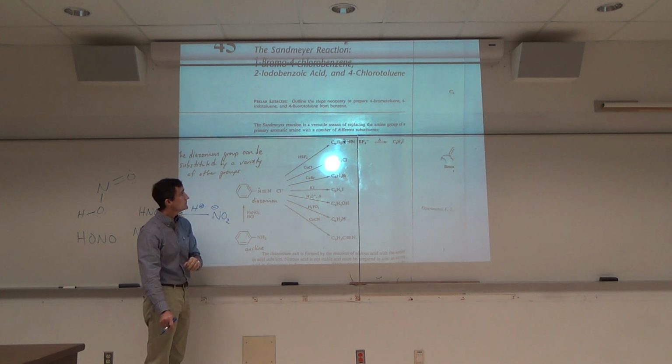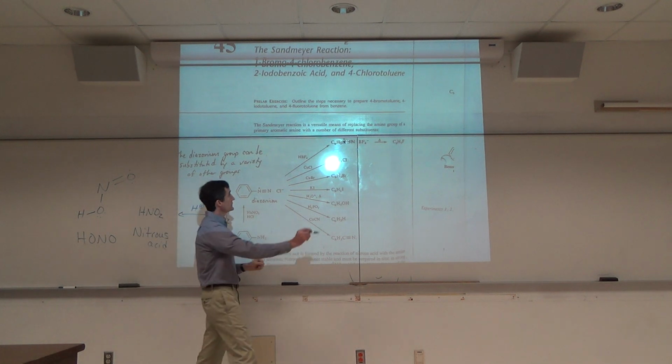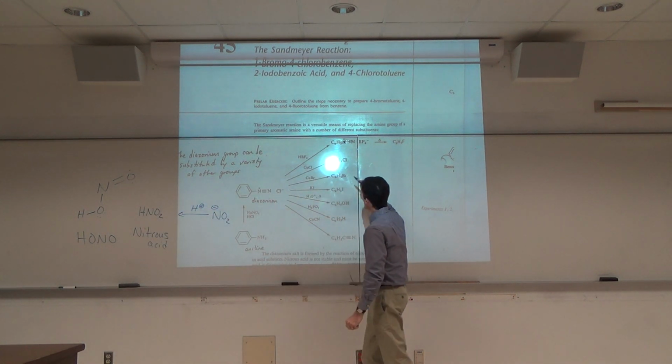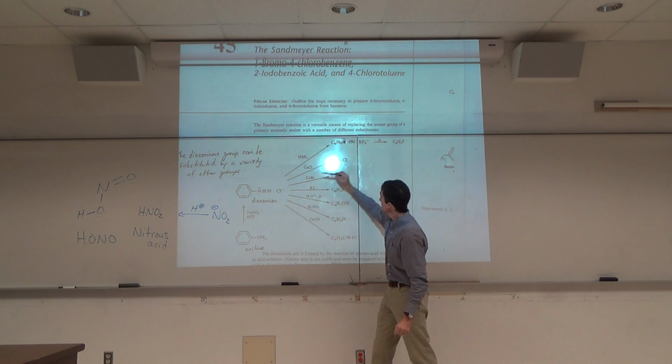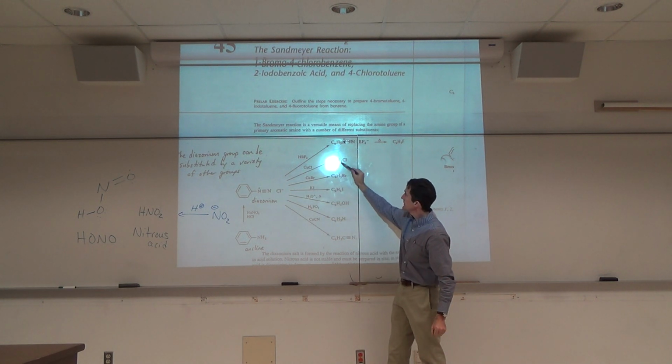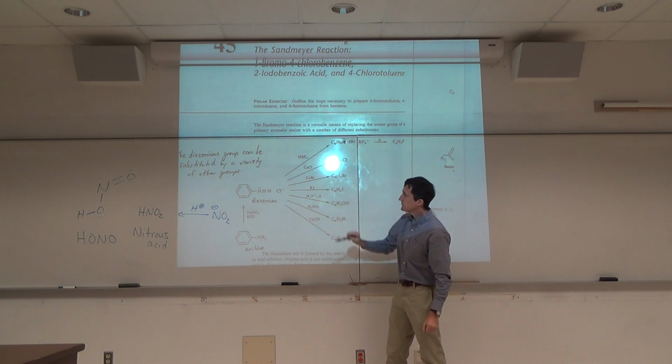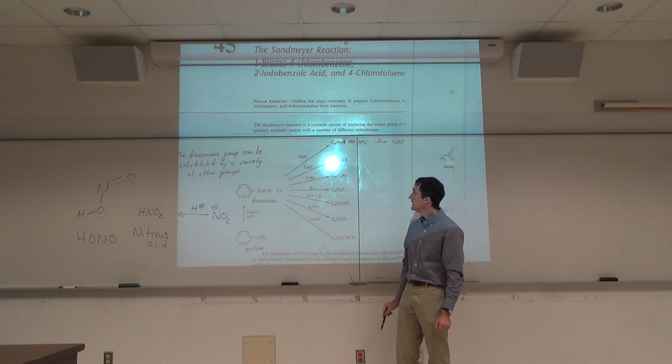We can do substitution. Let's skip the F first. Let's start here. We can replace the diazonium with a chlorine or bromine on the benzene ring, using copper chloride or copper bromide. Why copper?